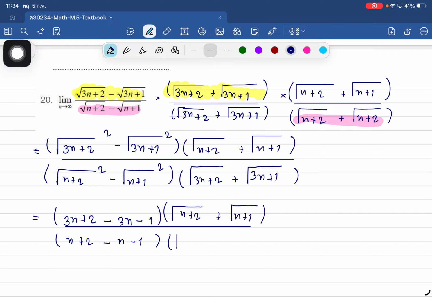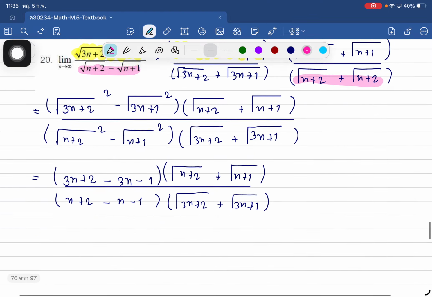It will be convergent at that point, equal to a1 over 1 minus r. This is the formula of the infinity term. The sum of the infinity term is a1 over 1 minus r, where absolute r must be less than 1. But if it's greater than or equal to 1, it will be divergent.